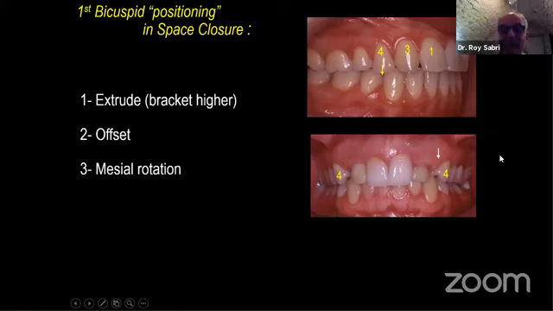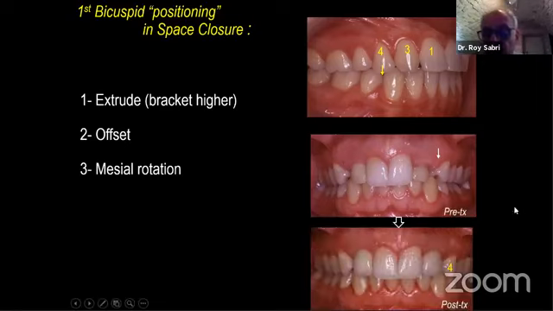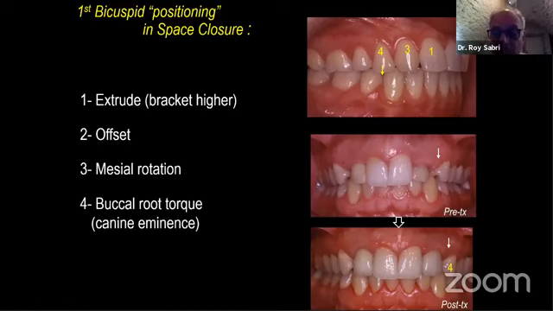That looks very unaesthetic when you smile. This patient was treated orthodontically, and she wasn't happy with the result because of this. After correcting the rotation, you see now the premolar is looking more like a canine. I hide the flat surface. And then you put a little bit of buccal root torque to create a canine eminence.